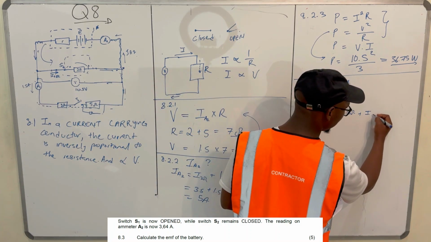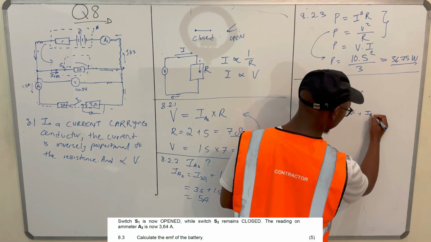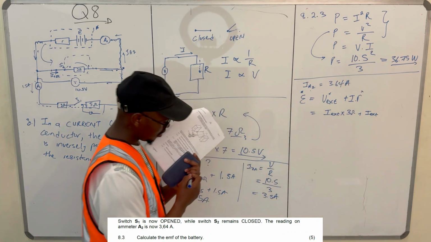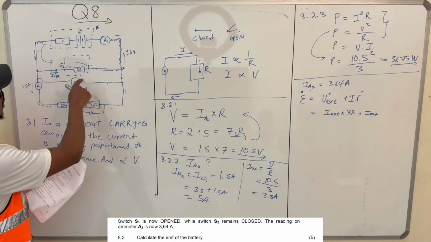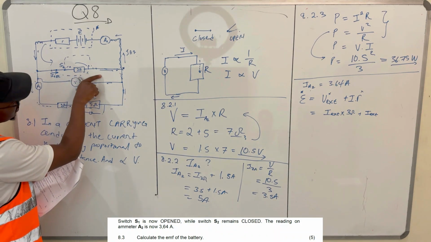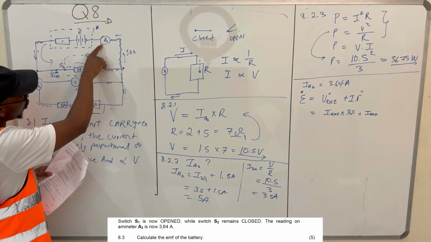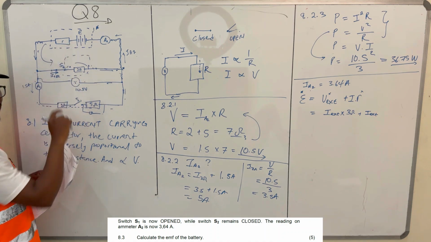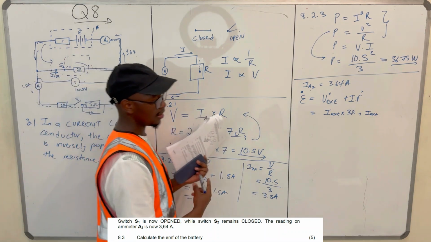Plus I times what? I external, because the current that passes through this resistor, all of it goes through that internal resistance. So these currents are the same.